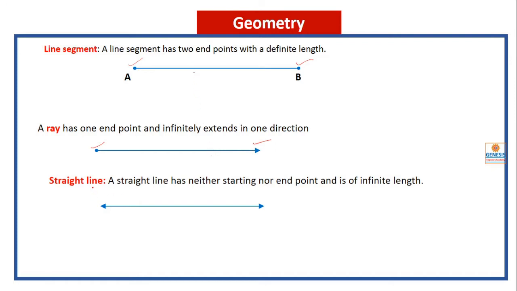So this is called a ray and this is called a line, and if it has both ends infinitely extending with arrows, we call it a straight line. But in engineering, a line segment is called a straight line.